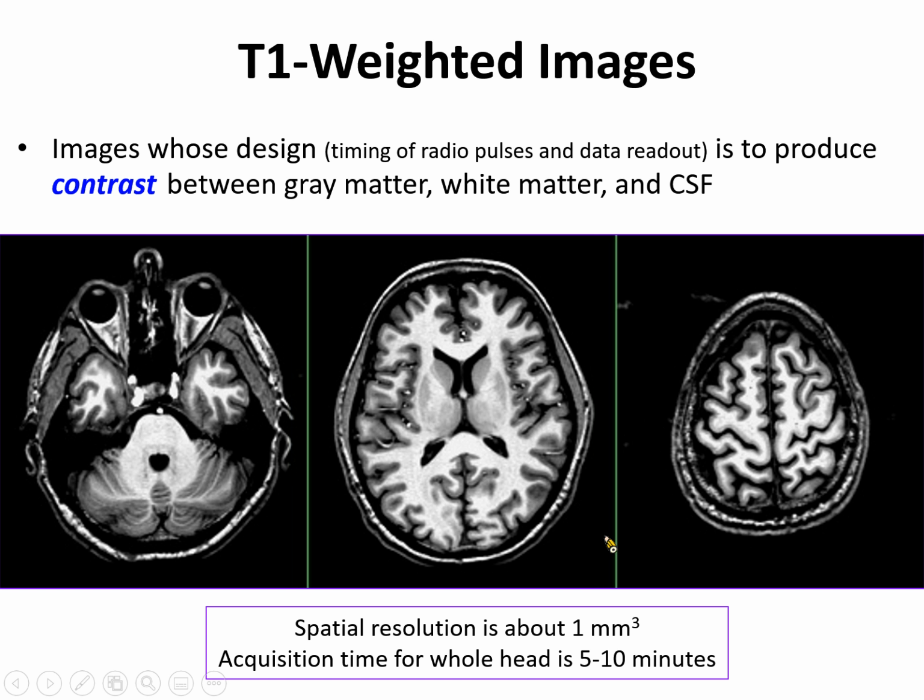To obtain this kind of image, you need to lie in the machine for about 5 to 10 minutes. With other protocols, you might need to stay in the machine for a longer time, but that's just the time you need to obtain this kind of high resolution brain result. Okay.